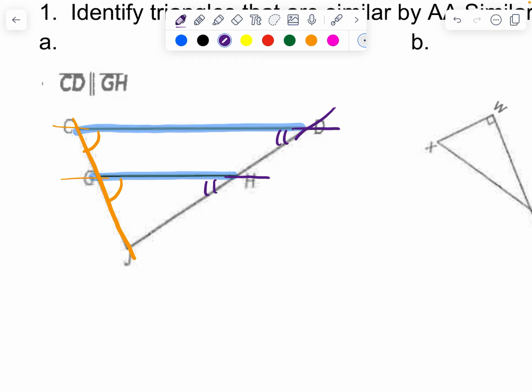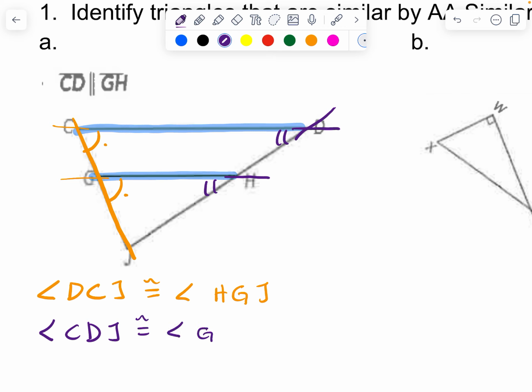Because two angles of a triangle, so we're talking about angle DCJ is congruent to angle HGJ, and angle CDJ is congruent to angle GHJ.